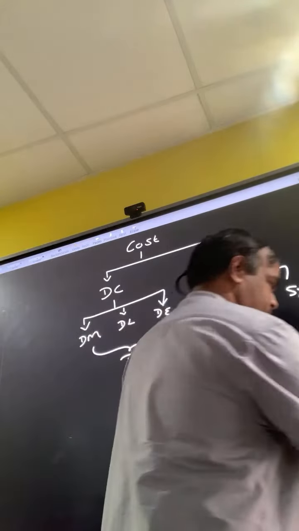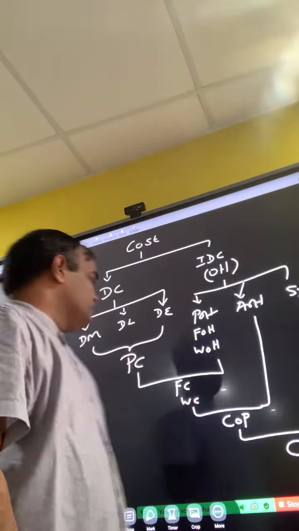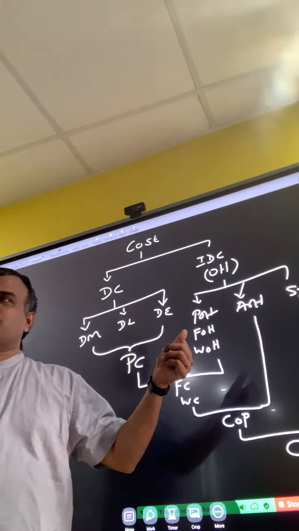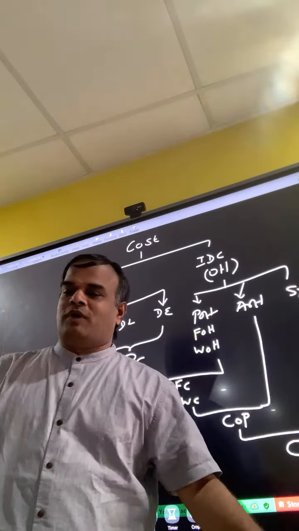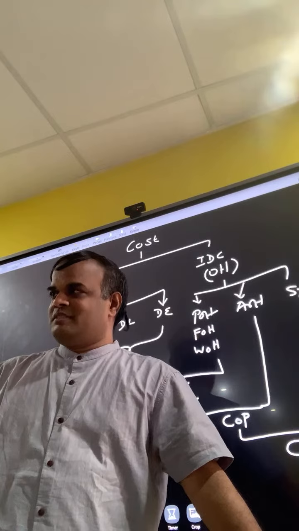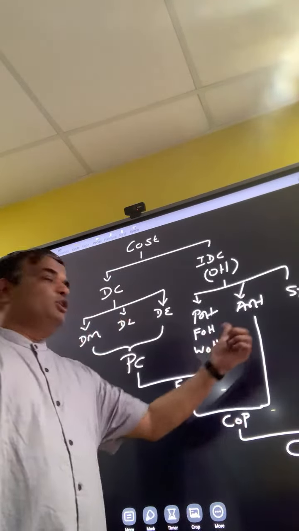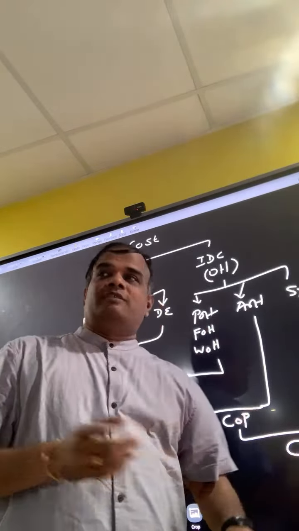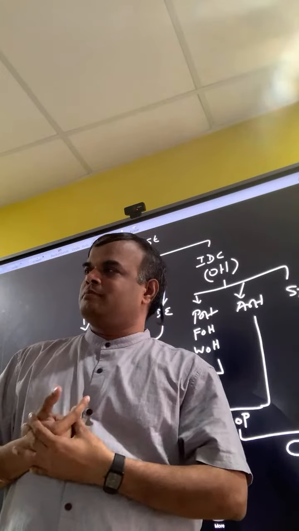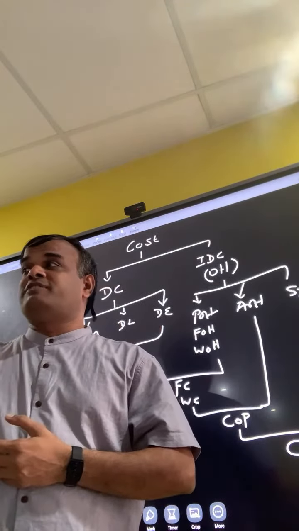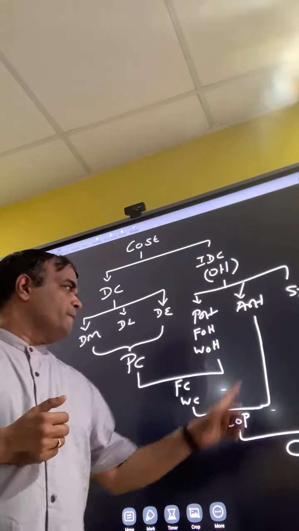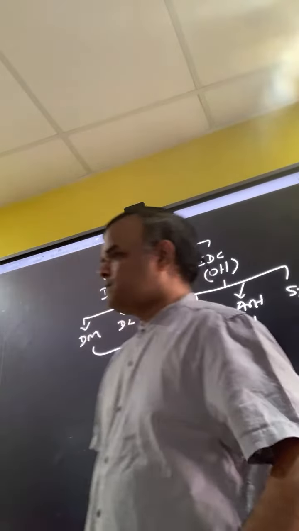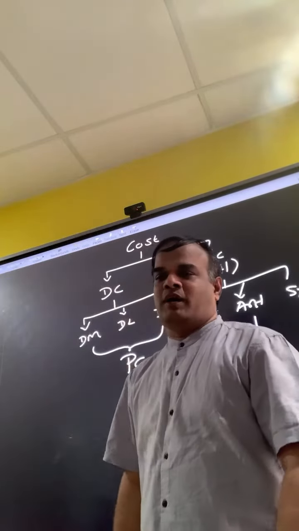What is equal to sales? Therefore, factory cost is equal to what plus what? Works cost is equal to what plus what? Same only. Cost of production is equal to what plus what? Cost of sales is equal to what plus what? Sales is equal to what plus what?